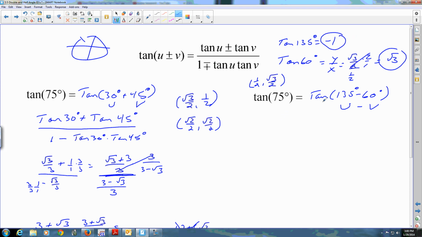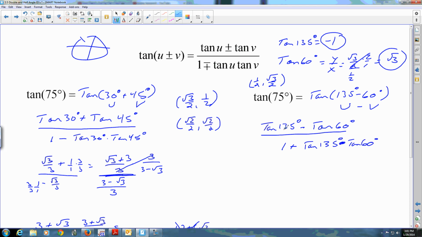All right, so here goes the pattern. So it's going to be tangent 135, and it's minus, because I'm subtracting, tangent 60, over 1 plus. I'm subtracting, so it's on the bottom, so I use the bottom symbol. Tangent 135 times, I apologize for that, tangent 60.